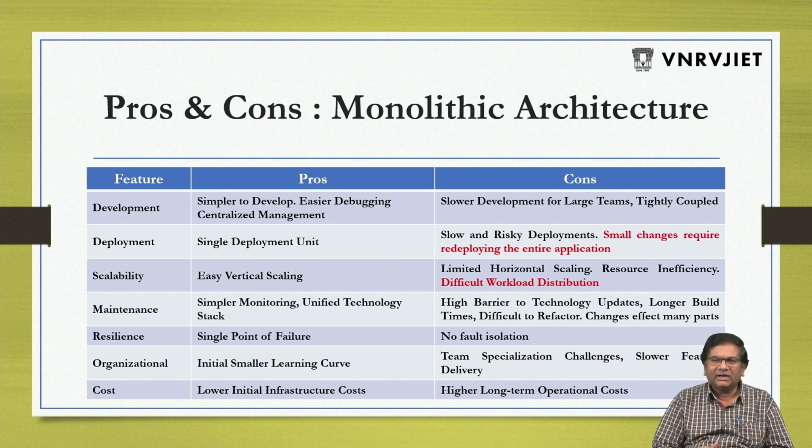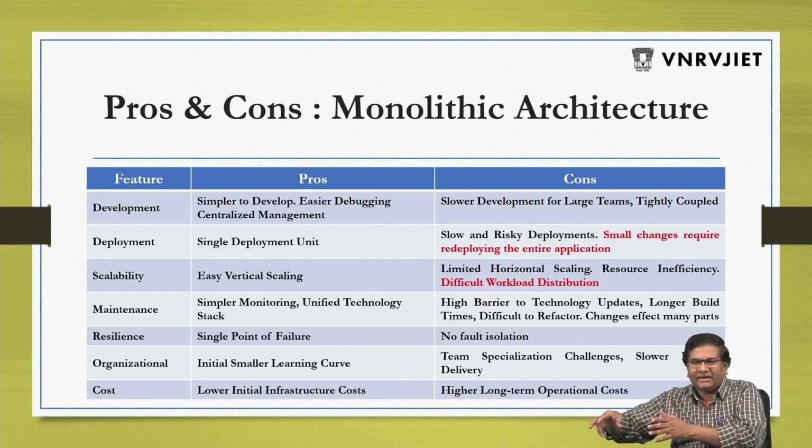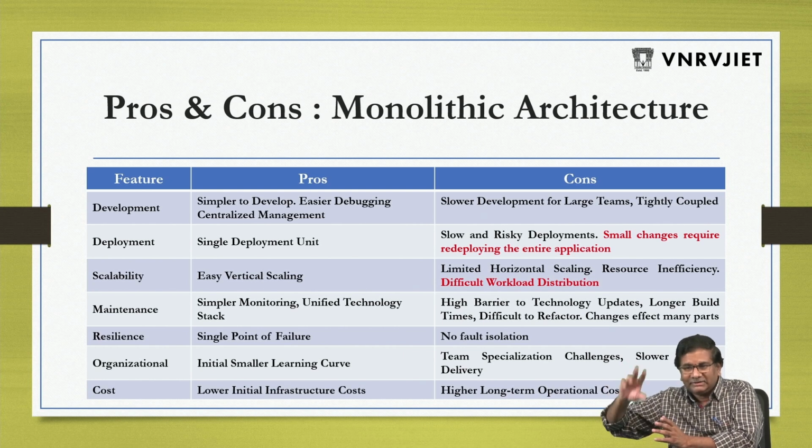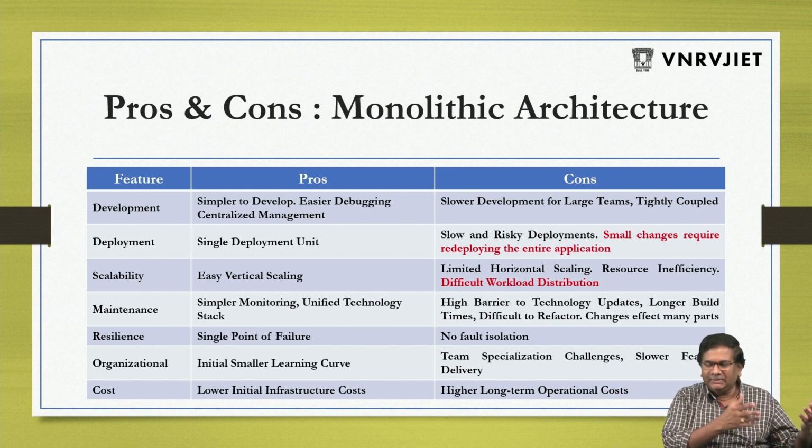Maintenance, like we talked about, is simple to monitor, with a unified technology stack and all that stuff. Again, it's a disadvantage also. Let's say you want to use something else for the front end, Java for the middle tier, and something else for the back end data access layer, or PHP for the front end. In that case you cannot, because the architecture itself forces you to use only one technology.